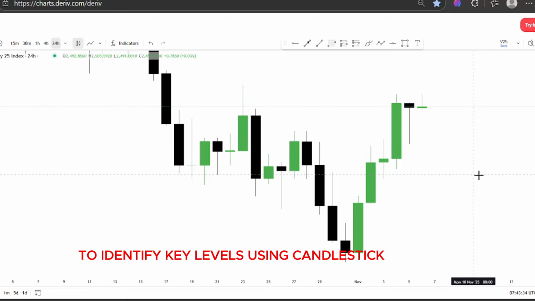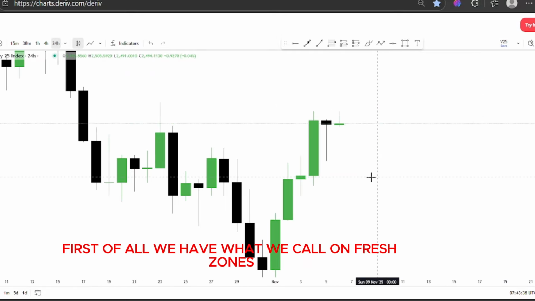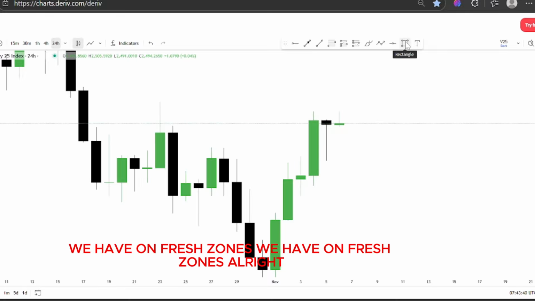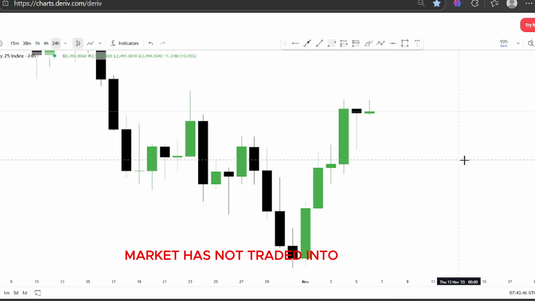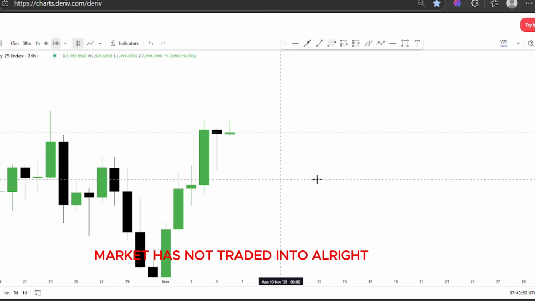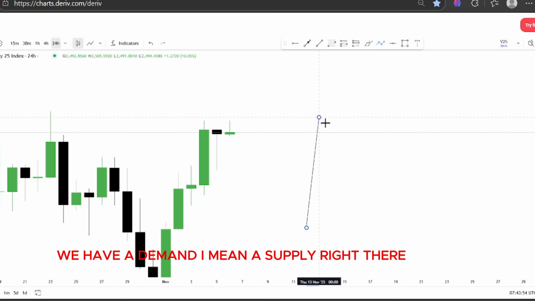To identify key levels using candlesticks, first of all, we have what we call fresh and unfresh zones. Fresh zones are zones on the chart where the market has not traded into. Something like this, we have a demand and a supply right there.